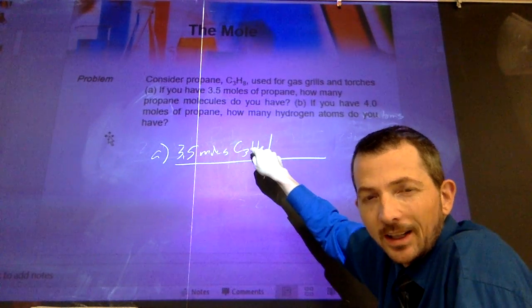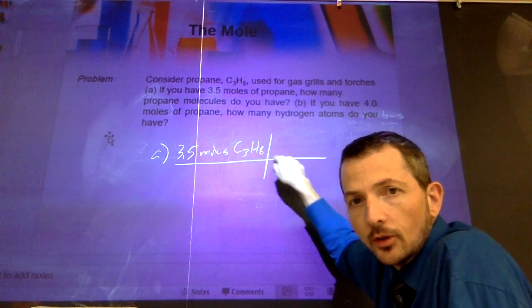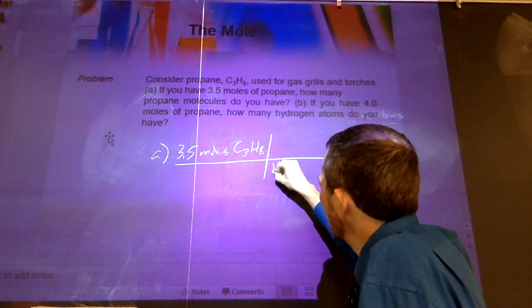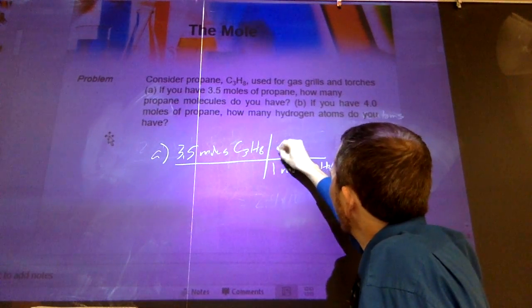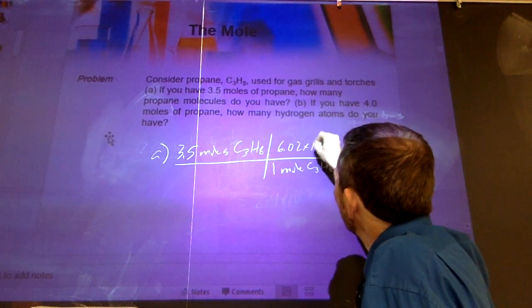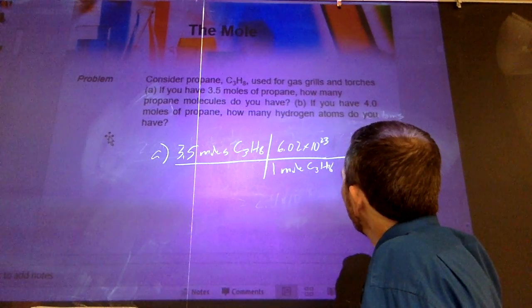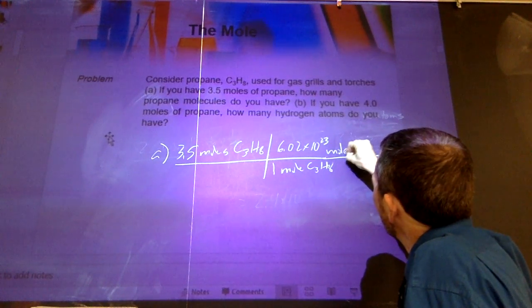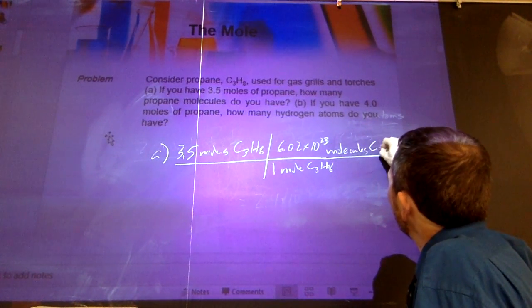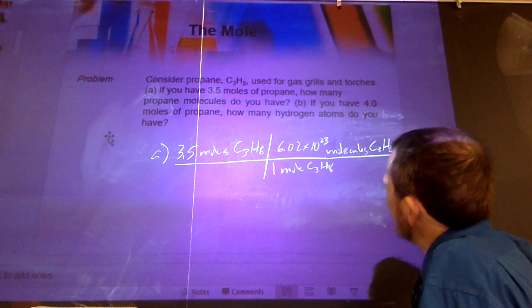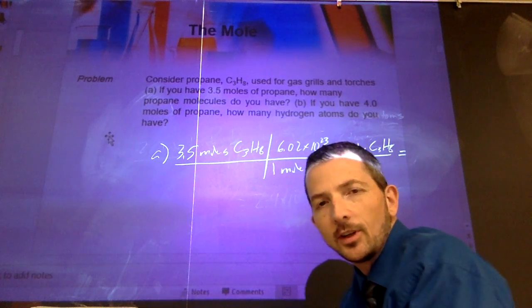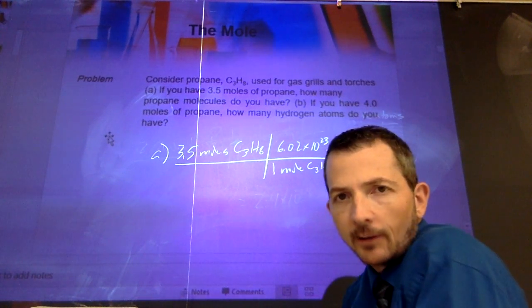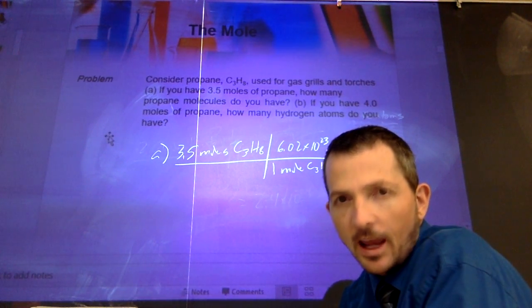I have C3H8, so that's a molecule. So 1 mole of C3H8, I have 6.02 times 10 to the 23rd molecules of C3H8.